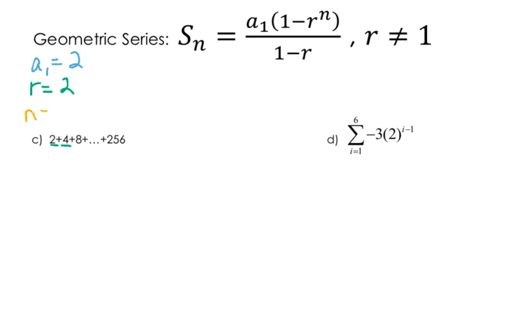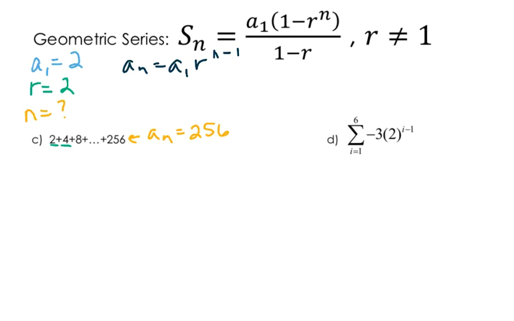I do know that my last term, my a sub n, is equal to 256. So what I'm going to have to do is go back to my geometric sequence formula, which is a sub n equals a sub 1 times r to the n minus 1, and plug in everything there to figure out how many terms there are.